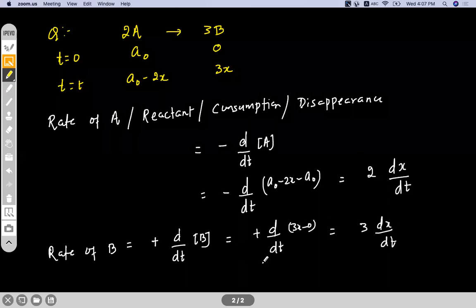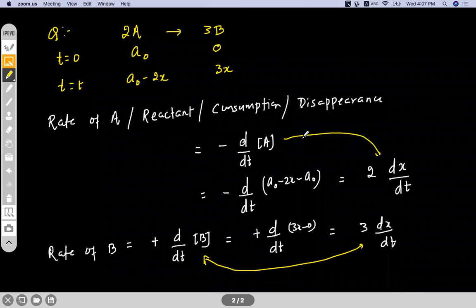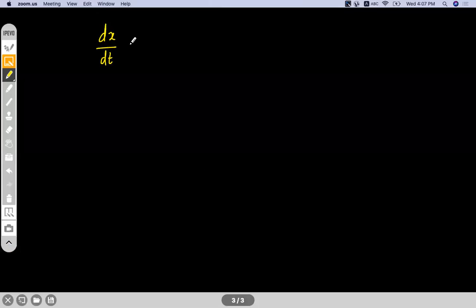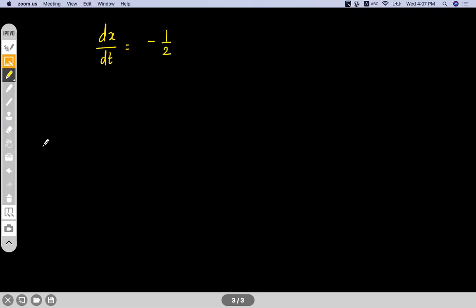So if you look at these expressions and equate dx by dt from these two, we get dx by dt per mole equals minus half of d concentration of A by dt.